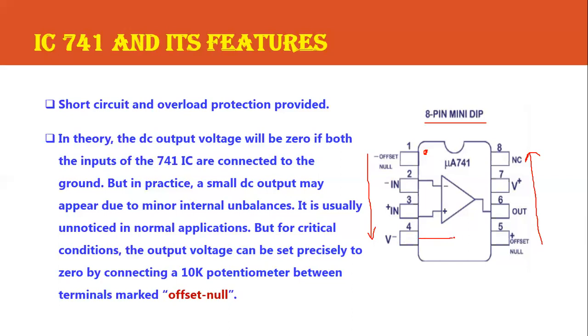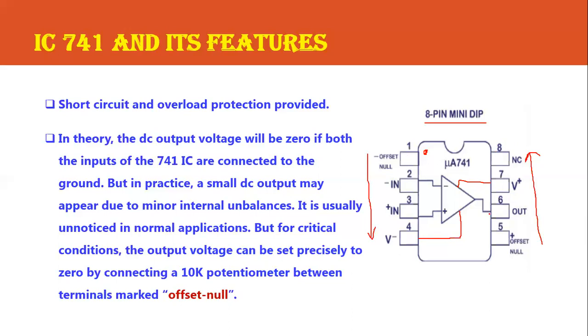Next, fifth pin is offset null, the positive offset null pin. Sixth pin is the output pin, seventh pin is plus VCC, the positive power supply, and eighth pin is no connection. It is not connected, it is left empty.